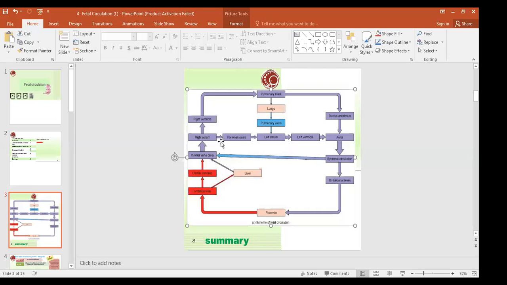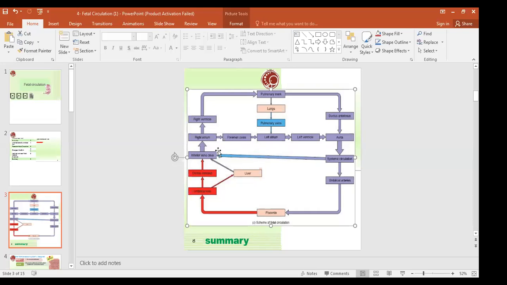Partially, it will go to the left atrium, and there is an opening which is called the foramen ovale. That is in the wall of both ventricles, right and left. We have a partition that is called the septum, and in that we have a foramen which communicates the right atrium with the left atrium.